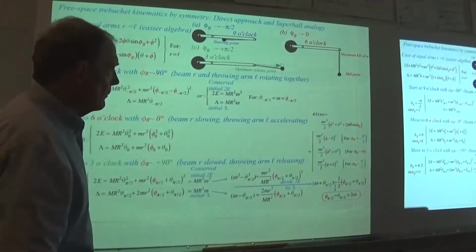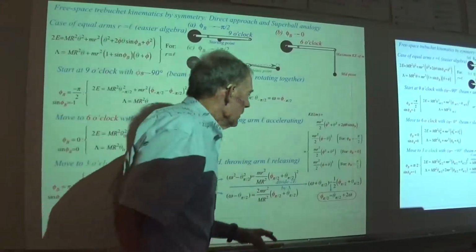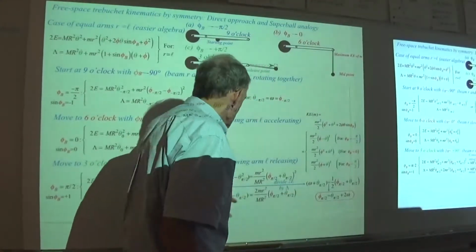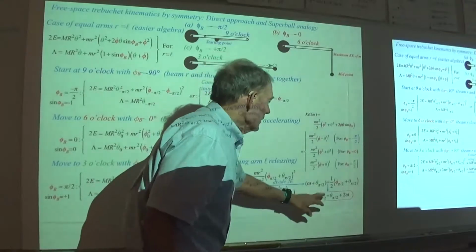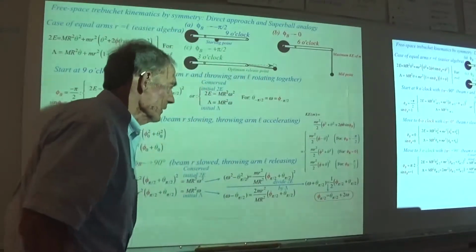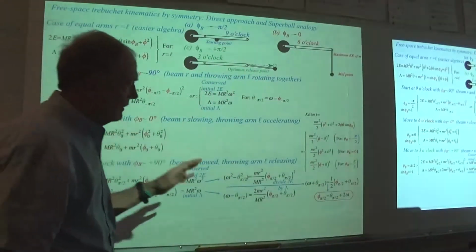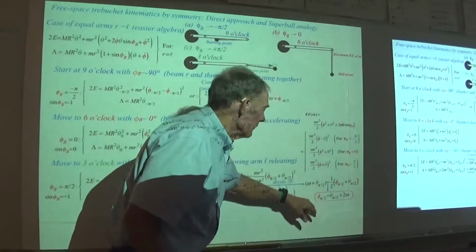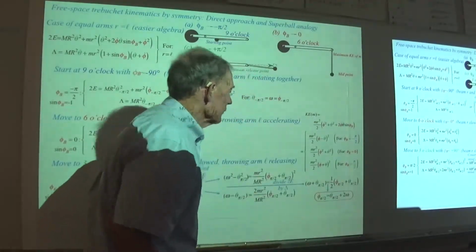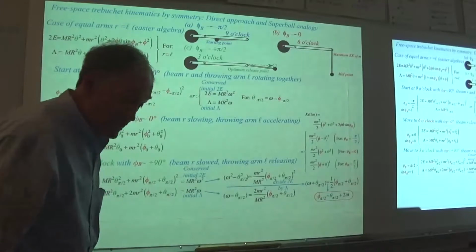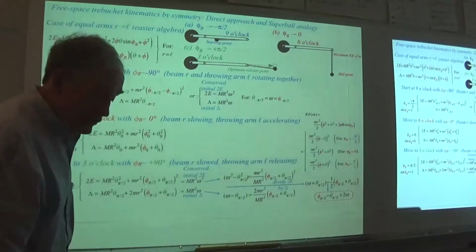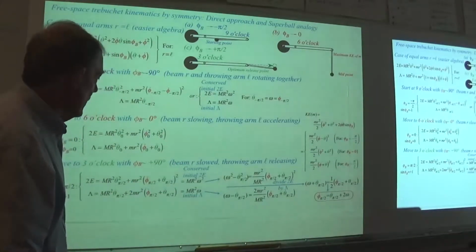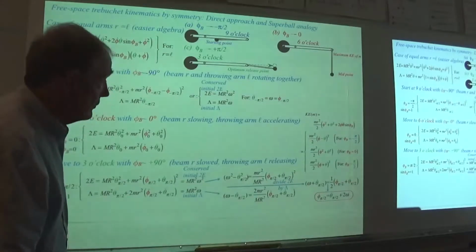So what we can do is write the omega here now using these two. You get this relationship of the beam angle velocity. That's what we're interested in, that one. But this one, this phi dot, we have that also moving. So that comes out to have the extra 2 omega attached to it.